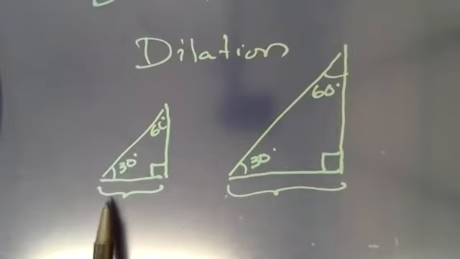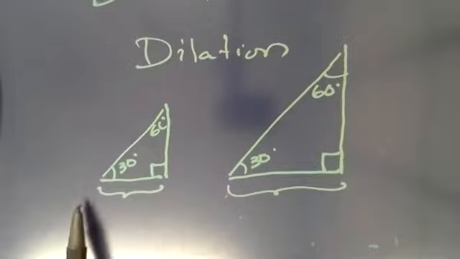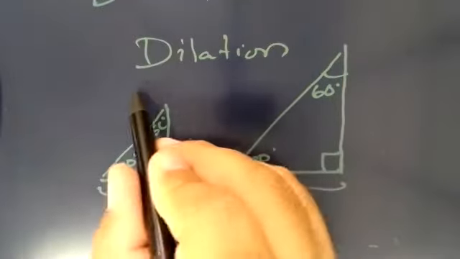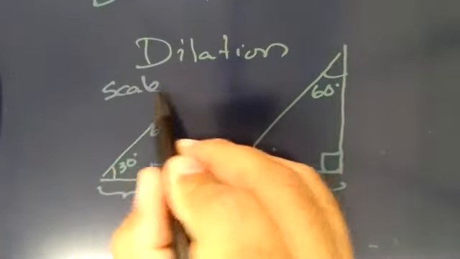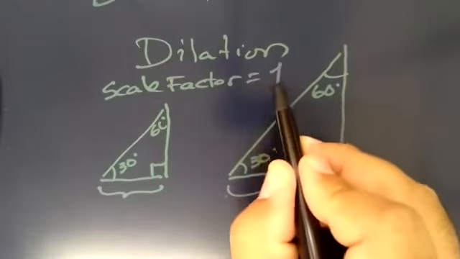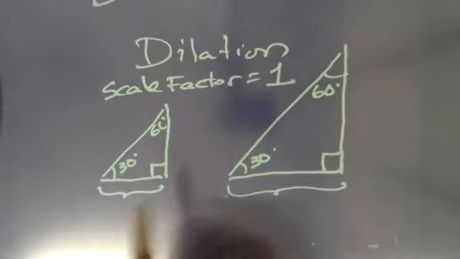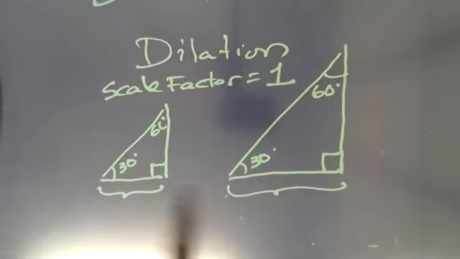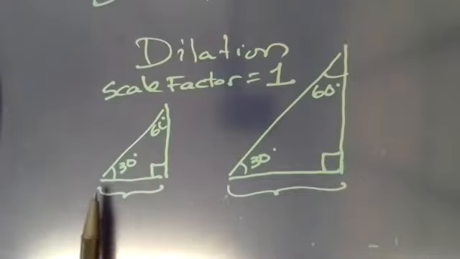The only time the side lengths will be the same is if, like somebody said before, the scale factor is equal to 1. If the scale factor is not 1, then these side lengths will not be the same. All right, the only thing that will always be the same is the angles.